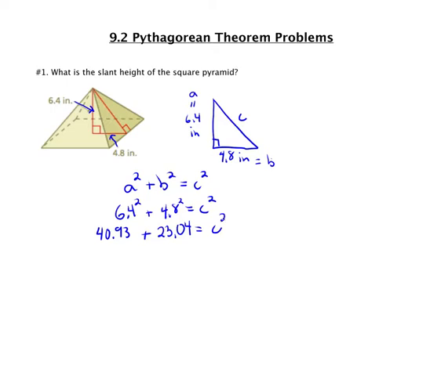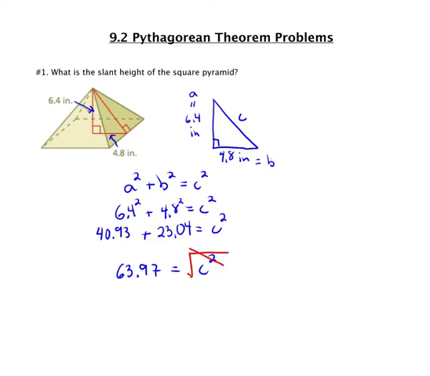Bring down my c squared, since it's solving an equation. And I'll add those together to get 63.97 equals c squared.